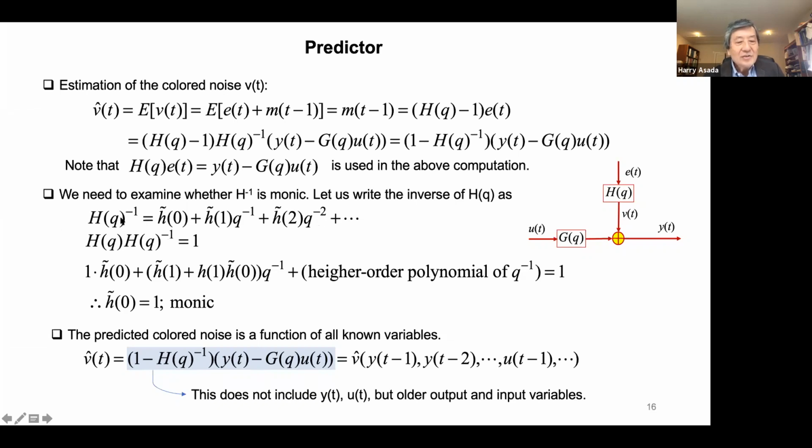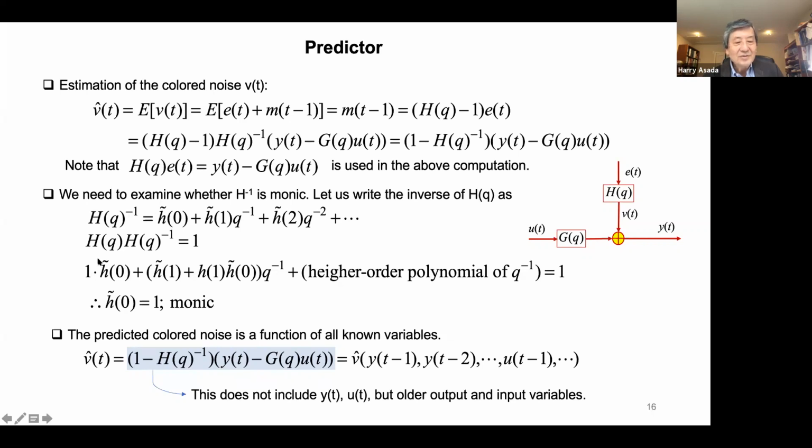And this is the inverse, so by definition, if you multiply this, it should be 1, right? Expanding this times H(q), we get this kind of expression, and we just look at the constant term alone. 1 comes from H(q), which is monic, and h0 is the first term from this inverse.